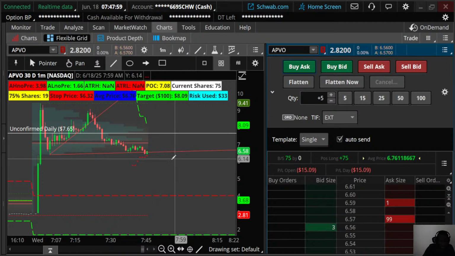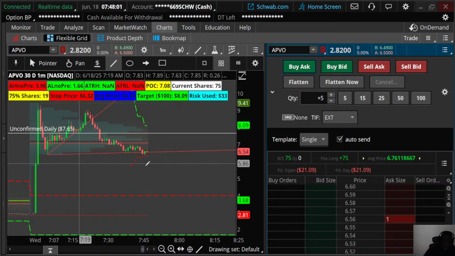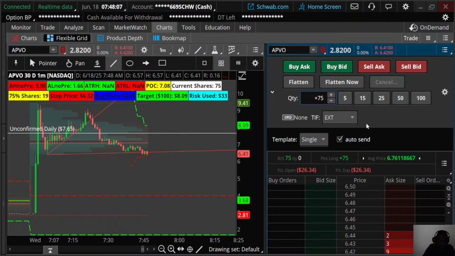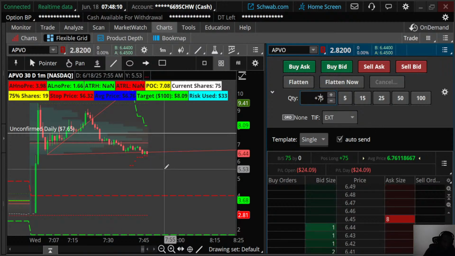Can we get any blessing through here? Holding up that level. Need to be ready to jump though. Again, some consolidation around here.